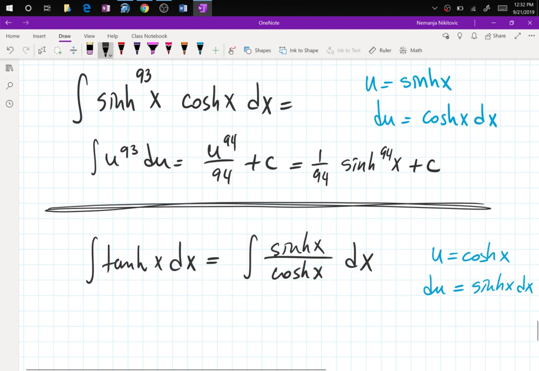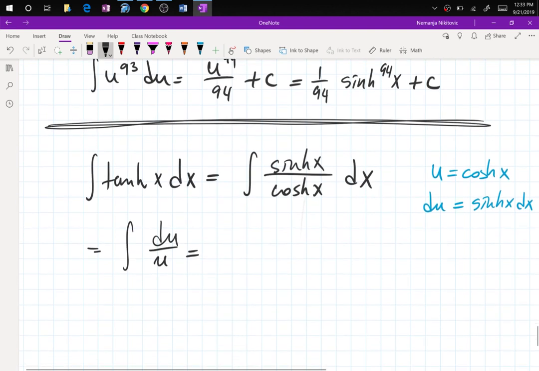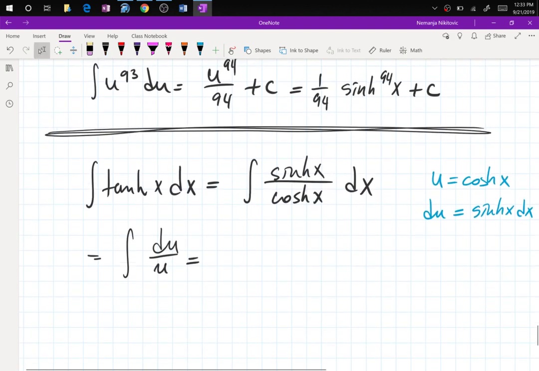And you are having now the integral of du over u. And what's the integral of that? Natural log. Oh wait, natural log absolute value. There we go.